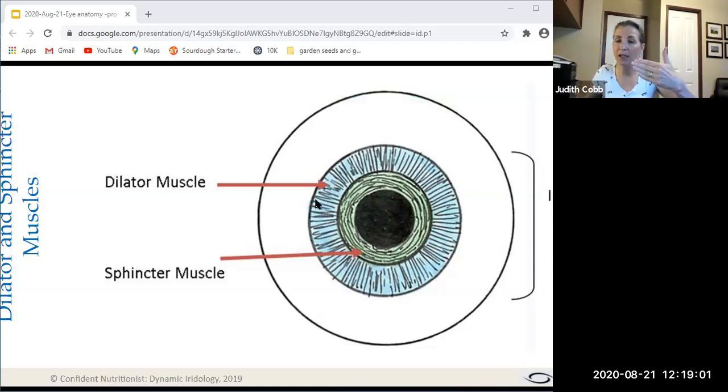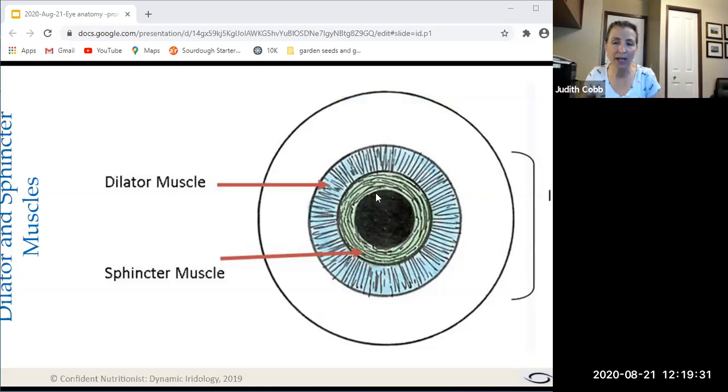But this edge is anchored, so it's this edge that has to move. As this moves, if these are contracting, so we're getting a shorter length here, that's going to pull on this. As that pulls on this, it's going to stretch these fibers, which are like this. It's going to make them stretch out like this, and that's going to open up that pupil.